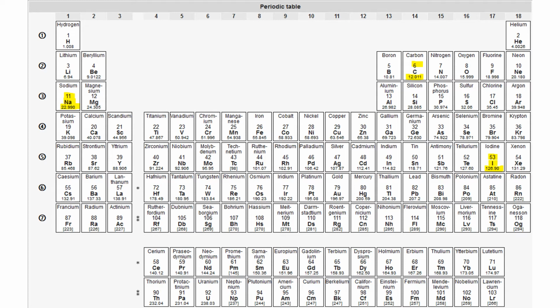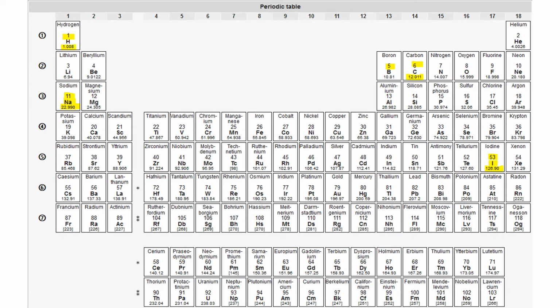Let's also talk about one more thing. Let's take a look at hydrogen together. Hydrogen has 1 up at the top, meaning that its atomic number is 1, meaning that it has 1 proton and therefore 1 electron.